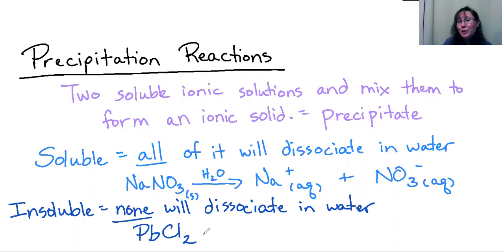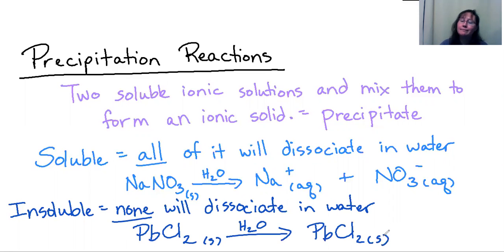Notice it's lead 2 and not lead 4. Lead 4 is not insoluble quite like lead 2 is, but lead 2 is insoluble in water. So PbCl2, solid. If we drop that into water, we will still have PbCl2, solid. Nothing interesting happens. You plop it in the water, and there you still have a solid in water. That's an example of something that's insoluble.